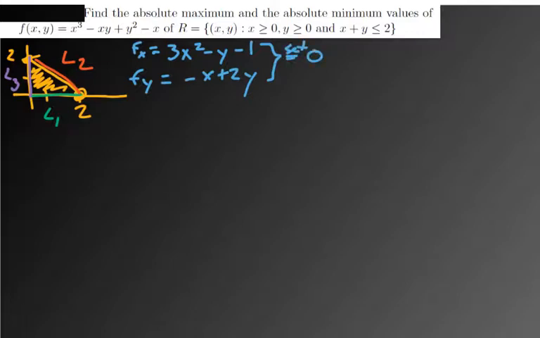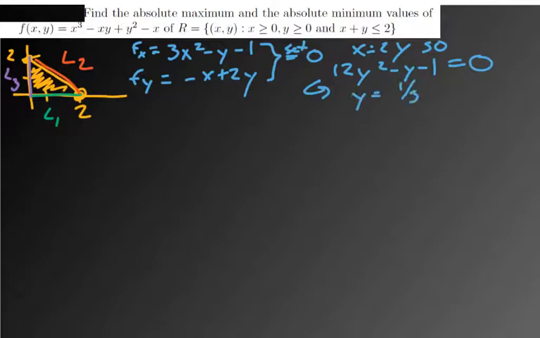From f with respect to y, x is 2y. If you sub that into the first one, just solving the system with substitution, you get 12y squared minus y minus 1 needs to be equal to 0. And this has roots of a third and negative a quarter.